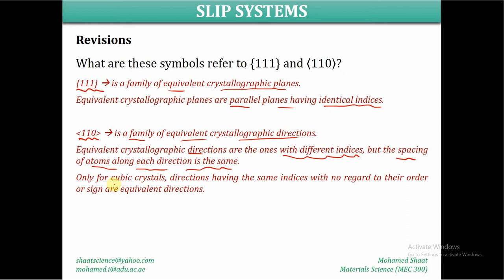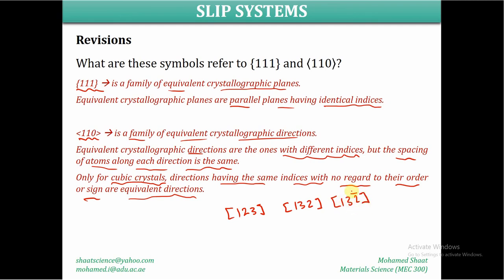In case you don't have a cubic crystal, as we discussed in chapter 3, directions having the same indices with no regard to their order or their sign are equivalent directions. For example, if you have a crystallographic direction 1, 2, 3, it is equivalent to 1, 3, 2, or also equivalent to 1, 3, negative 2.